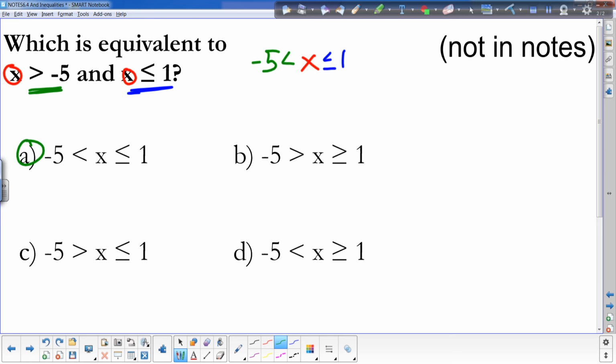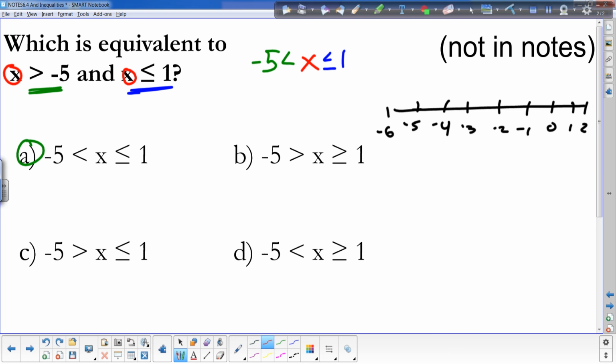If you wanted to, you could have graphed the 2 equations. -5, -4, -3, -2, -1, 0, 1, 2. And you could have done one of them. You could have said x is greater than -5. And then you could have said x is less than or equal to 1.